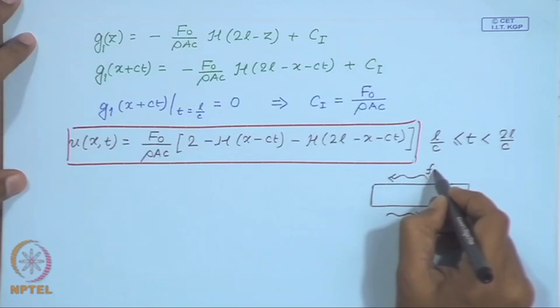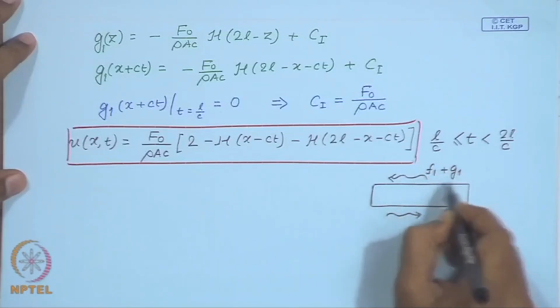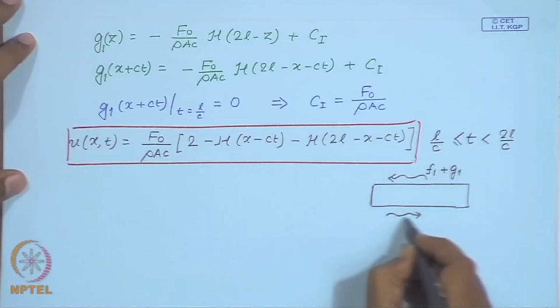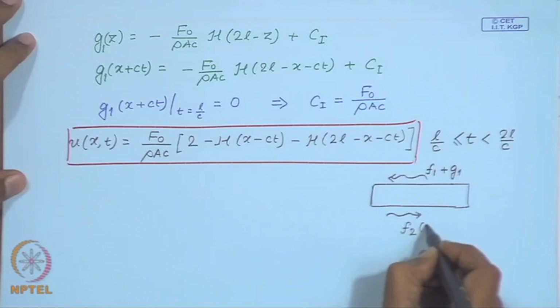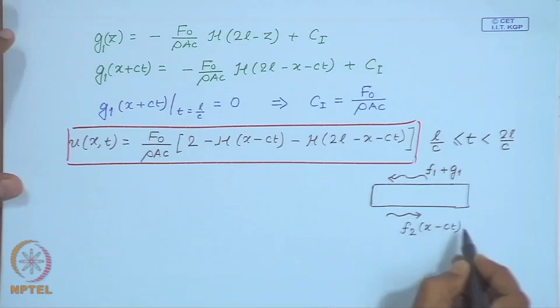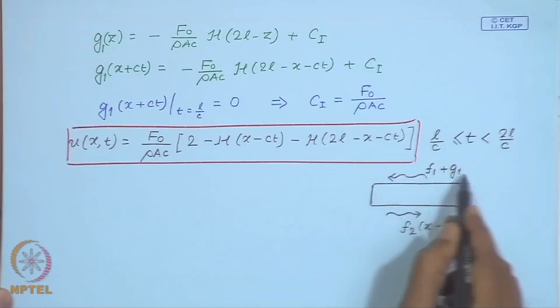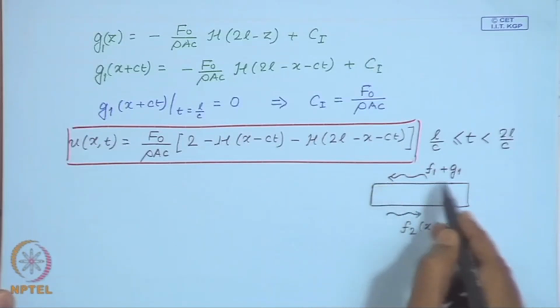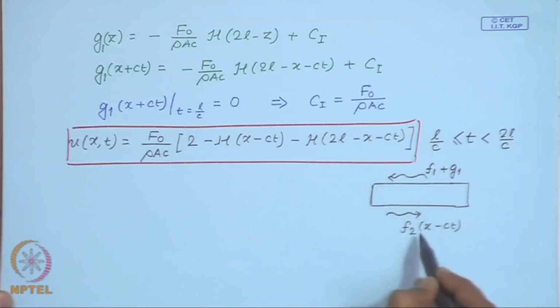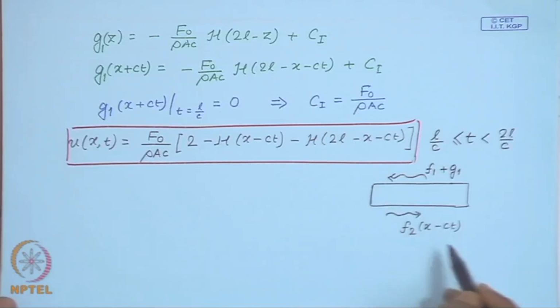So, this is f1 plus g1, I am not writing the arguments, and what I generate is f2 of x minus ct. So, this f1 was a positive travelling wave, g1 was a negative travelling wave, the superposition is travelling now this way, and what it generates at this boundary is f2.